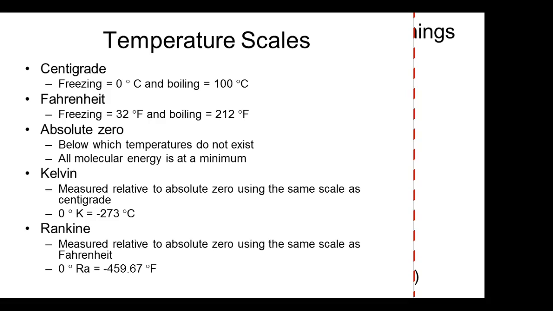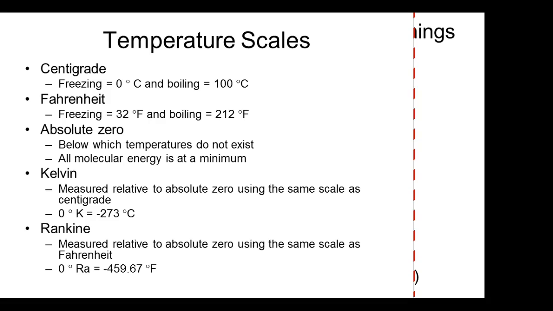Then we have something called absolute zero. This is the temperature below which temperatures don't exist, which is pretty good. This is when everything basically almost comes to a stop. Anything that's in motion does what?